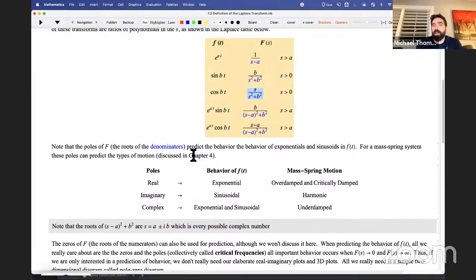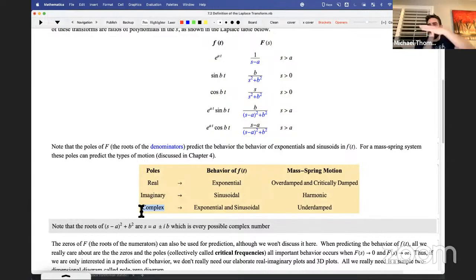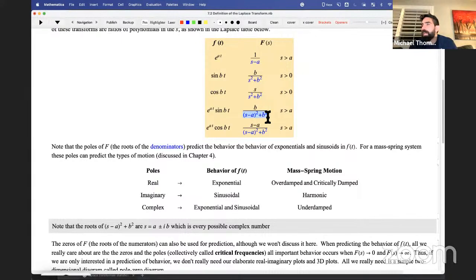Now, when I refer to complex, I'm referring to a number that has both a real part and an imaginary part. So it's somewhere not on the imaginary axis and not on the real axis, it's somewhere over here. So in this case, when we look at the poles, if you set that equal to 0 and solve either one, because they're really the same, you'll always get a complex number every time.